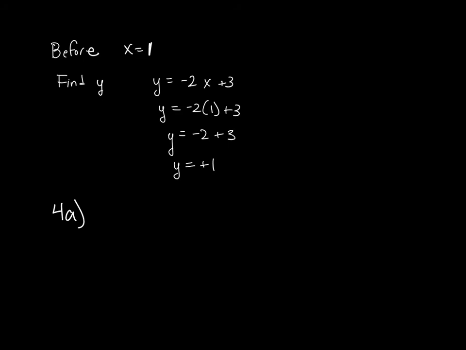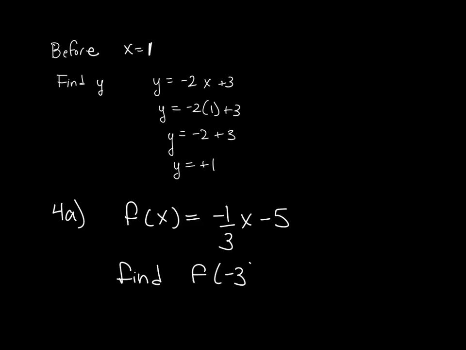So 4a says f of x is equal to -1/3 x minus 5, and it wants you to find f of -3.